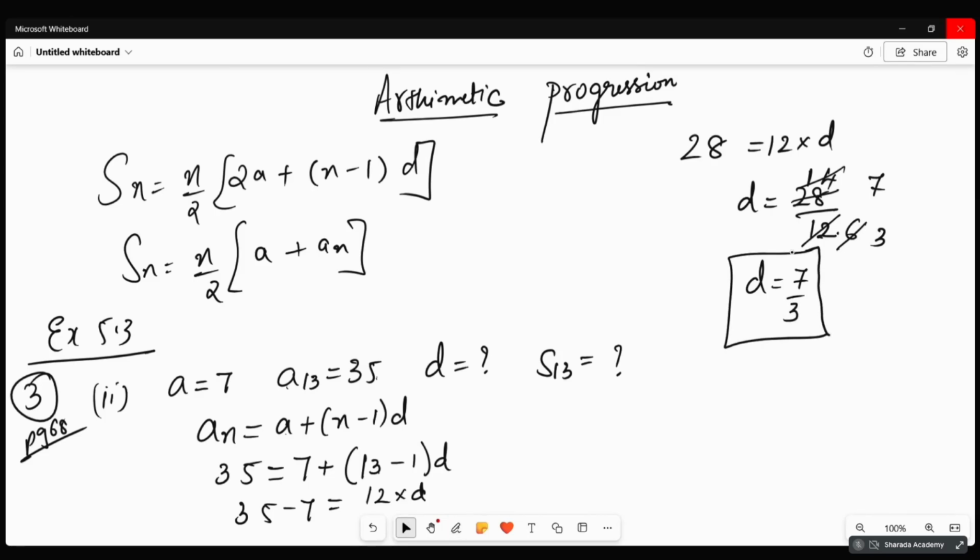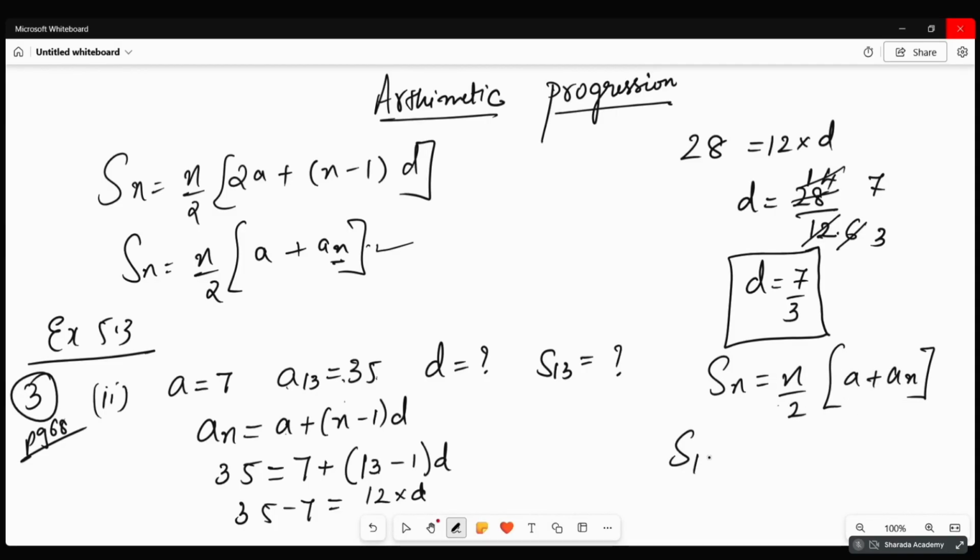Understood? Then Sn. What is Sn? I can use directly an here because already I know an. So it will be a little bit easier to do. We'll take this only. Sn is n by 2 into a plus an.